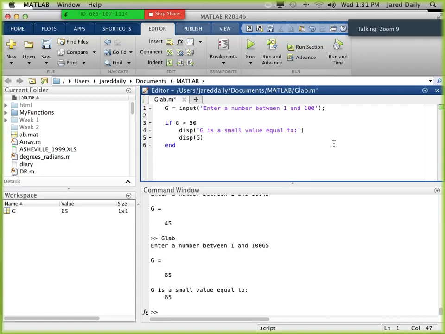You could also do other things in here. So you could do this display: G is a value greater than 50, if you want to.